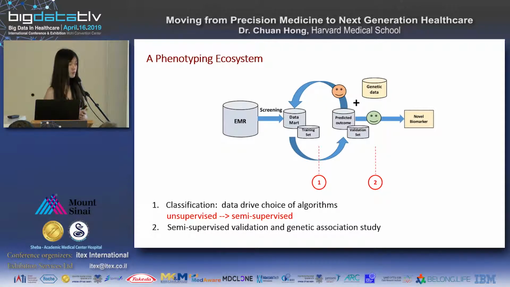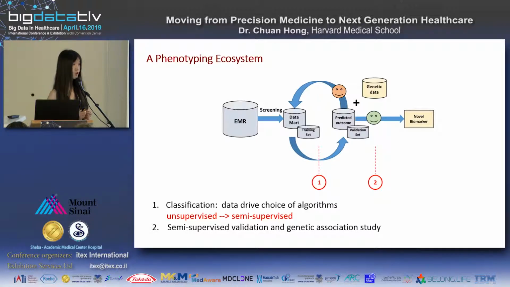Compared with the previous, standard one, which has only 2 steps, we merge the validation step and the genetic association step. After the screening of EMR data, we get our data mart and go to our classification step. For the classification step, we do it iteratively.